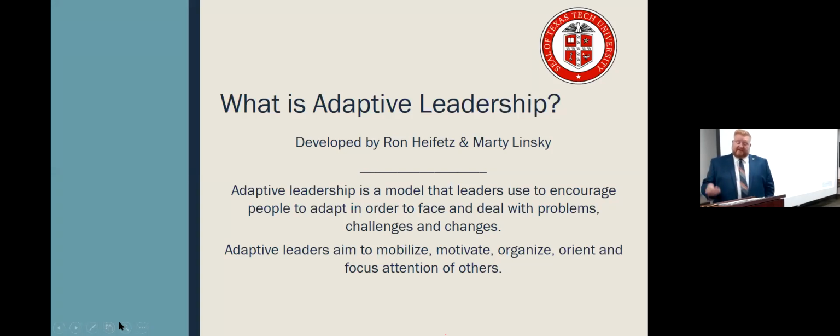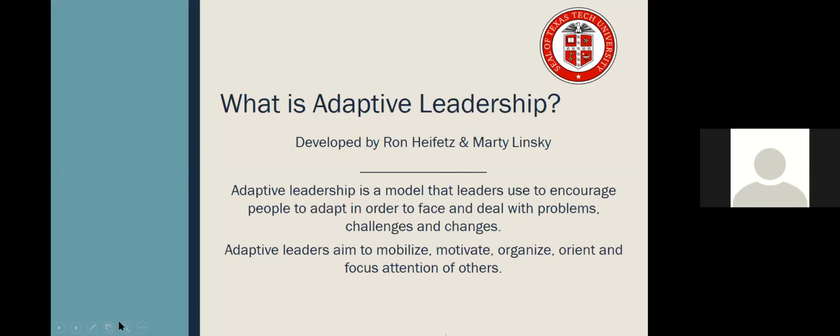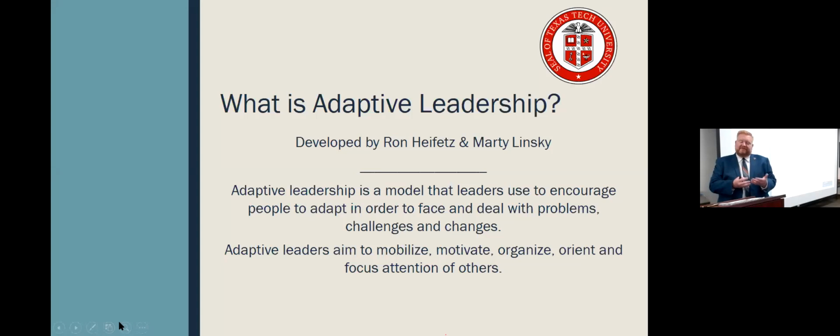Now, adaptive leadership is a model that leaders use to encourage people to adapt or to change. And we're going to talk about change in a few minutes. It helps individuals to deal with problems, challenges, and other changes that might be going on either in their communities, in their organizations, or even on a much larger scale. So adaptive leadership aims to mobilize, motivate, organize, orient, and focus the attention of others.